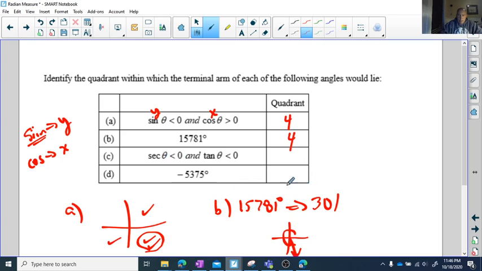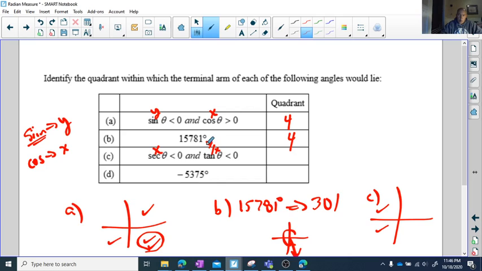All right, secant. Now we'll make another one of those little diagrams. So secant is a reciprocal of cosine. So cosine goes with x. This is saying where are x's negative? X's are negative here and here. Tangent is the y over the x. So you got to look at both coordinates, and this is saying that it's a negative answer. Well, the only way you can get a negative is if these are opposites.